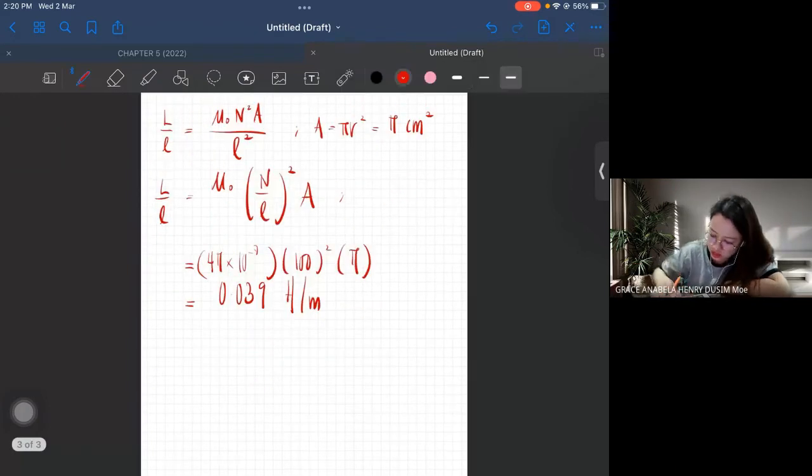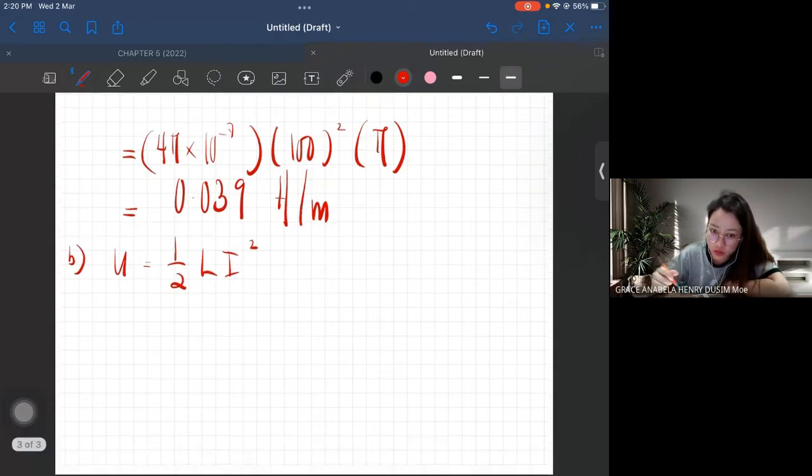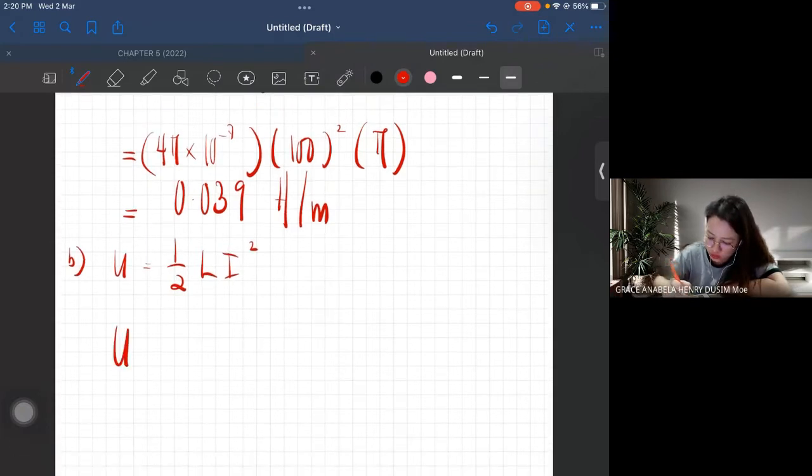Continue question B. We have to calculate the energy stored per unit length also. So energy stored for solenoids is half L I square, same as before.